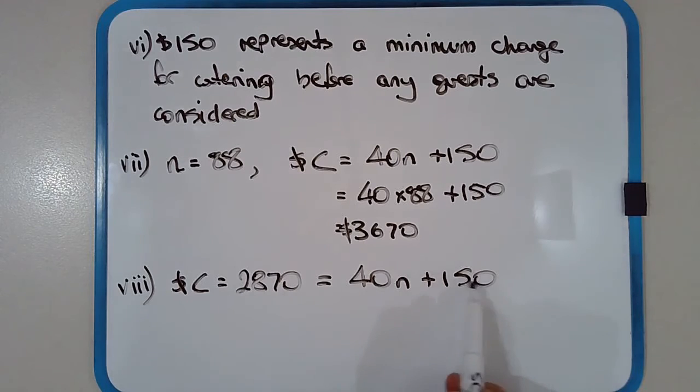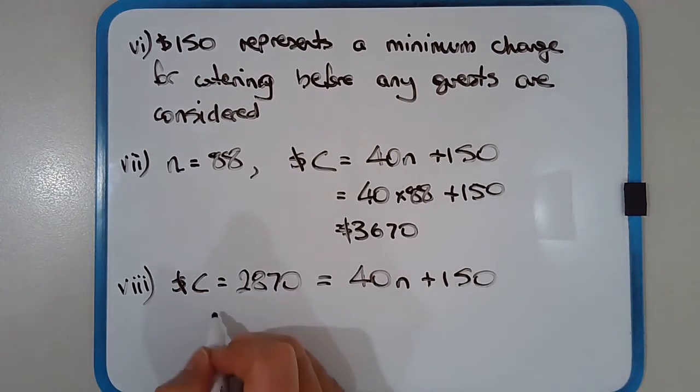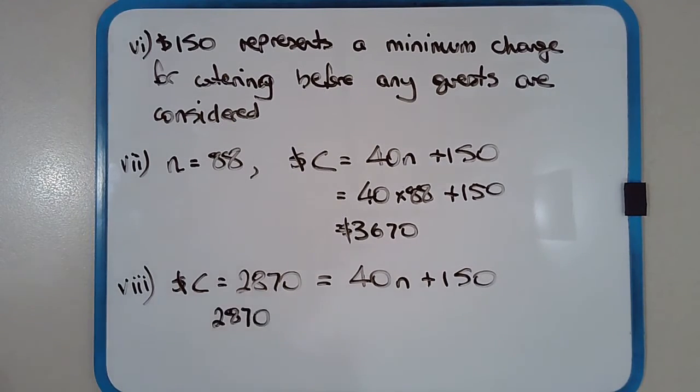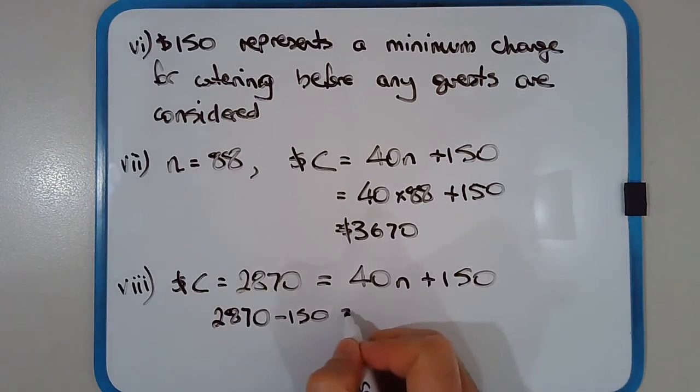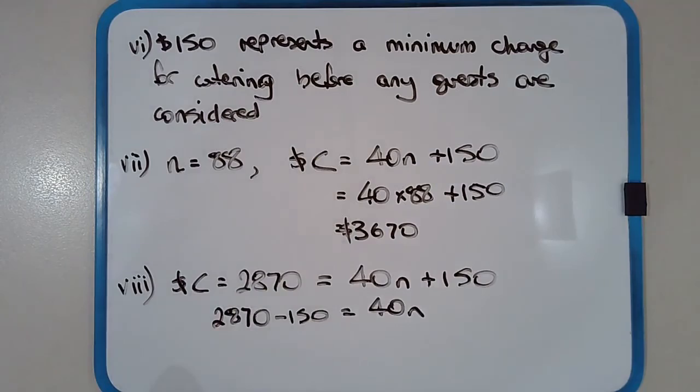So we're going to need to rearrange this formula. First thing I'm going to do is subtract 150 from both sides. This is where your skill of algebra, and in particular equations, will come in very useful. So 2,870 minus 150 is equal to 40n.